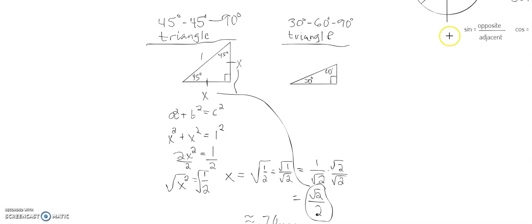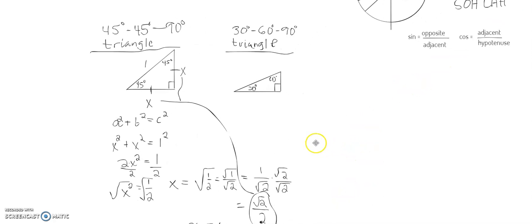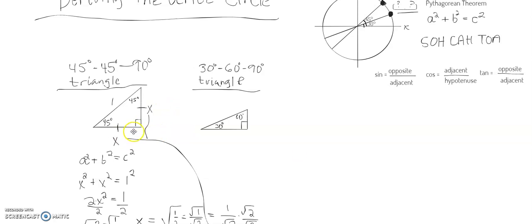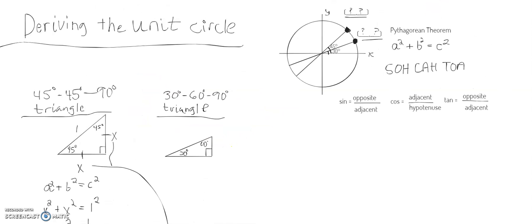All right, so next we should plot that point up above on our circle. We got that root 2 over 2 is the x-coordinate, and it's the y-coordinate. It's the base of the triangle here, and it's the height. So in this picture, this is our 45, 45, 90 triangle.